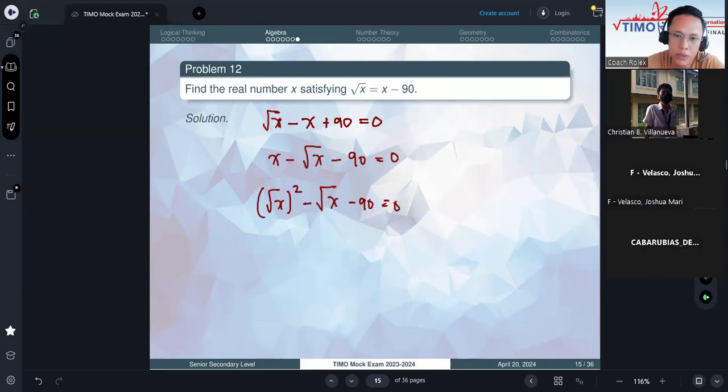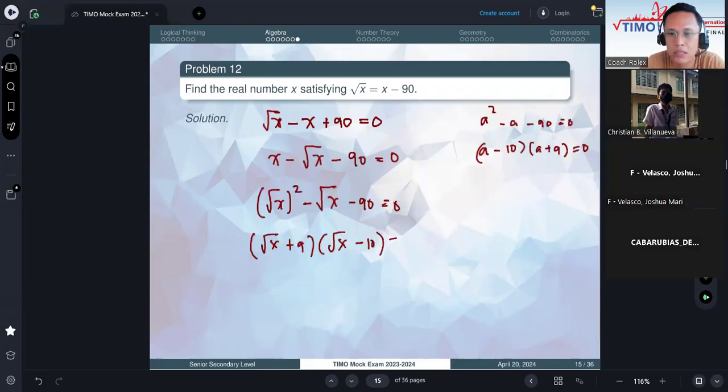So this can be written as A squared minus A minus 90 is equal to 0. And that is A minus 10 and A plus 9 is equal to 0. So you will have square root of X plus 9 times square root of X minus 10 is equal to 0. So square root of X plus 9 is equal to 0.